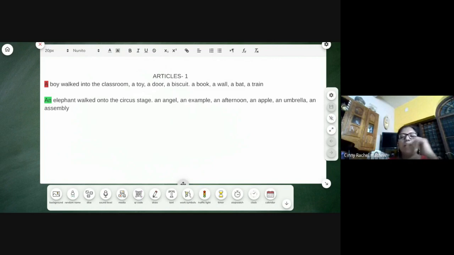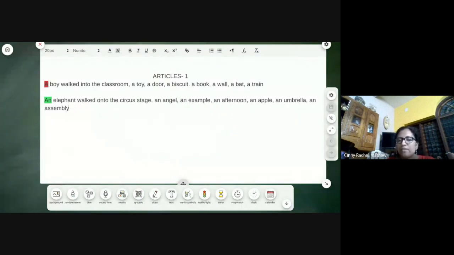An angel, an example, an afternoon, an apple, an umbrella, an assembly, and an elephant. Now here, all the nouns that follow the indefinite article an begin with a vowel sound.